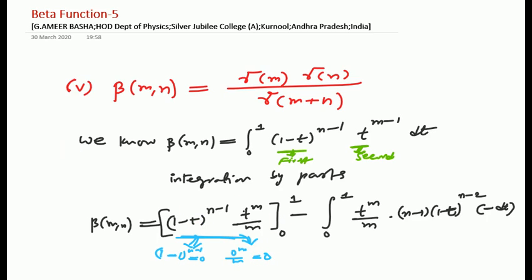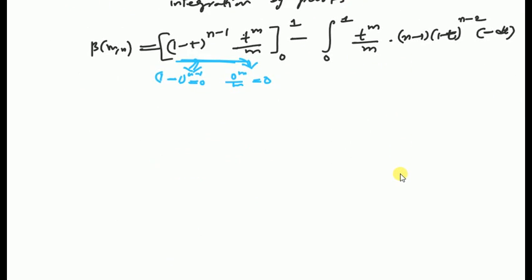So what I have left here, beta mn will be equal to, this entire thing will be 0. Then one more thing, this is the minus sign here, and already here is the minus sign, both will become plus.